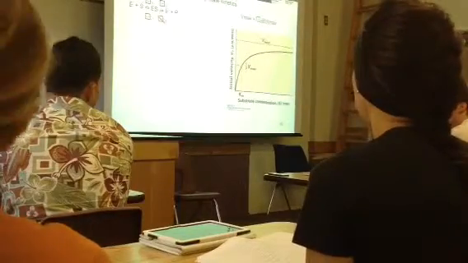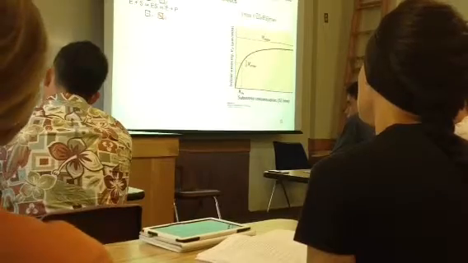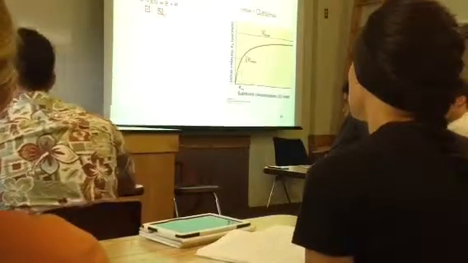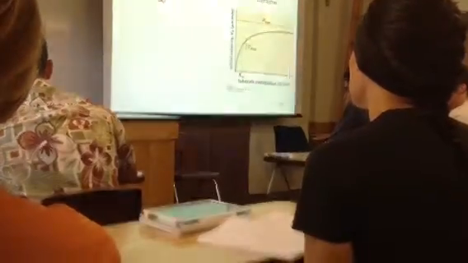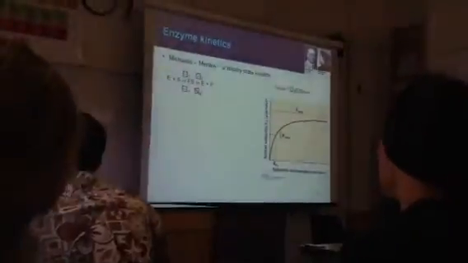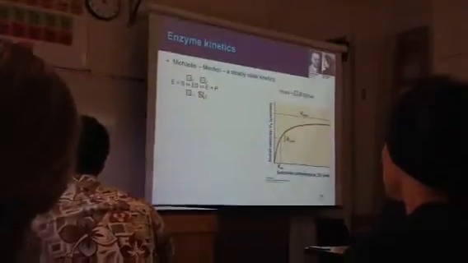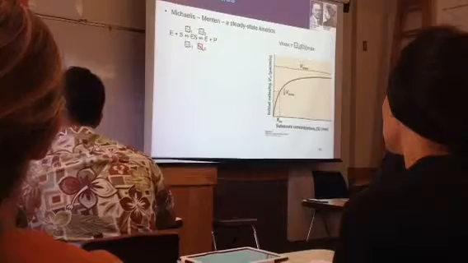So at the very beginning, we could say that E plus S will go forward to ES, which will break down or move forward to E plus P. But we'll disregard the reverse at the beginning. Later on, that will definitely be a factor, and there will be an equilibrium unless we change something in the reaction and it's driven towards one or the other.